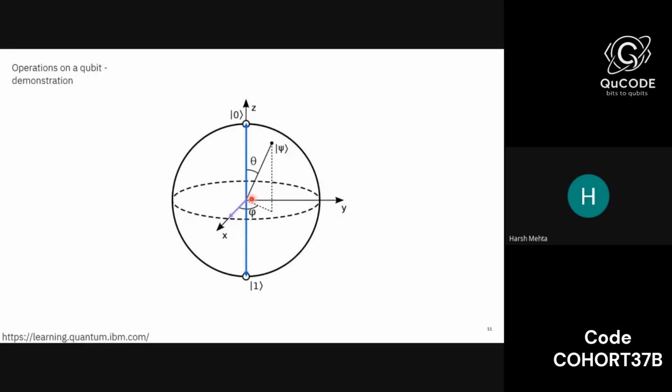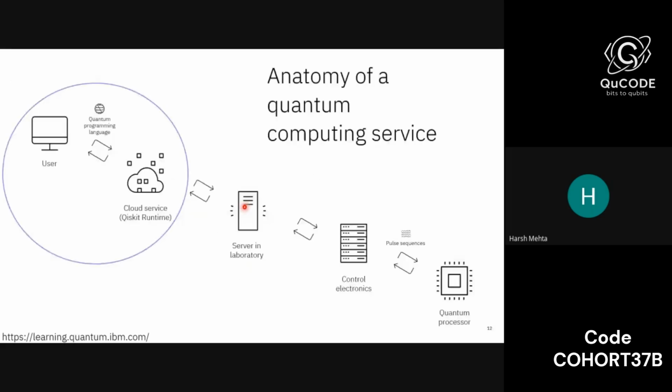I'm showing you this just to show the effect of a particular operation on a qubit represented in the Bloch sphere. If you are still confused, that is completely fine. You can spend a little time on this and you will be able to understand it. But if you are unable to, you can always post your question in the Discord channel, and we'll be happy to help you out.